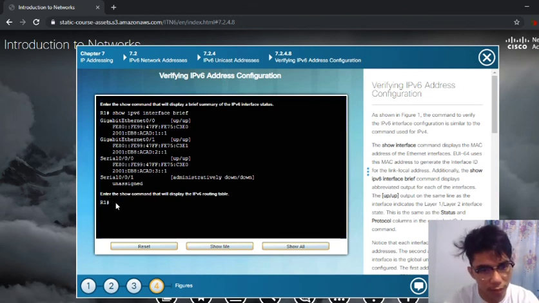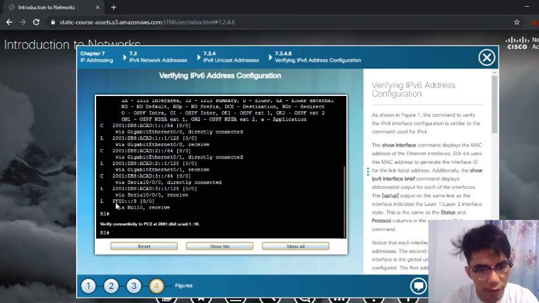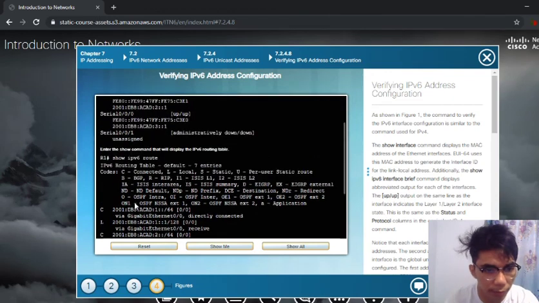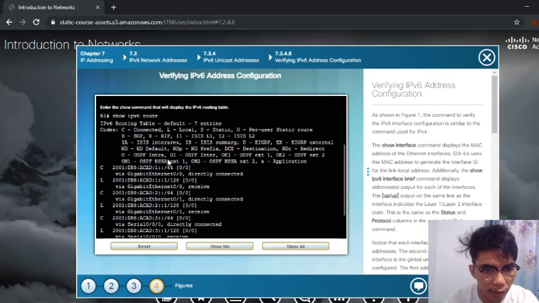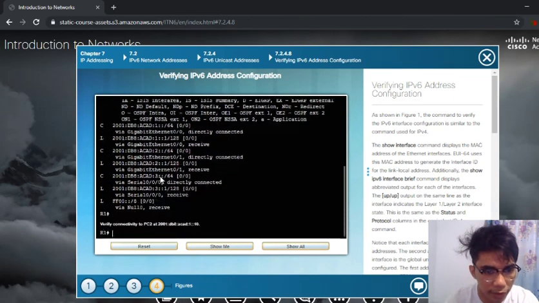Then to display the IPv6 routing table, show IPv6 route, and that is the routing table of the IPv6. L is local, then C is connected, so you can see connected, local, connected, local.